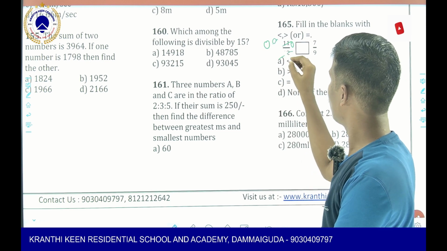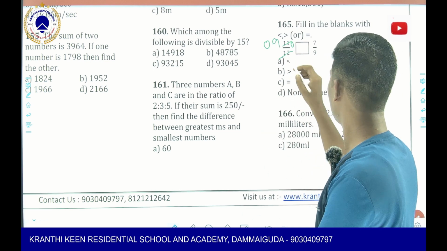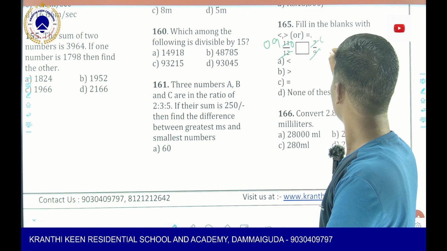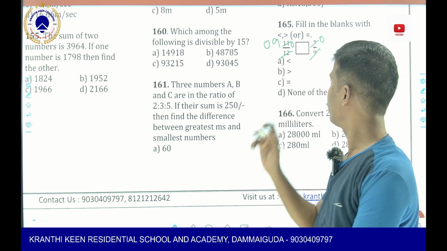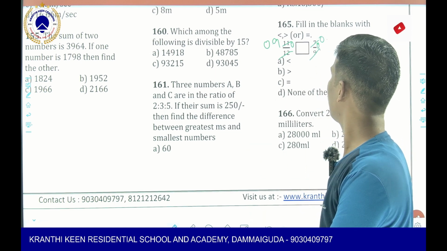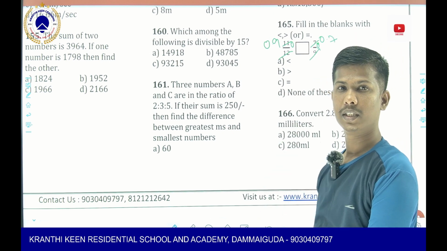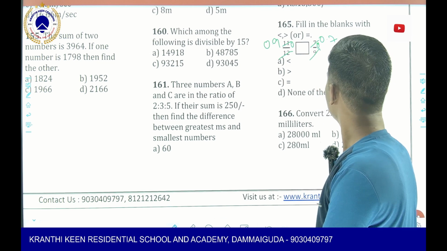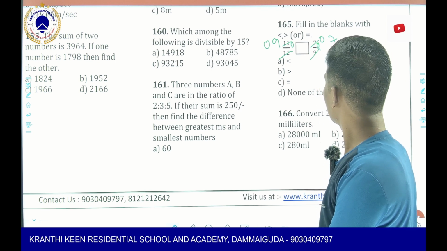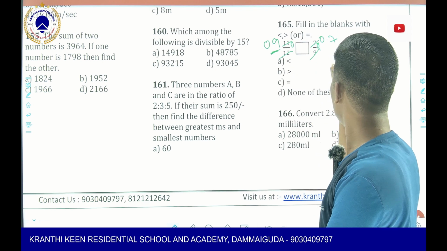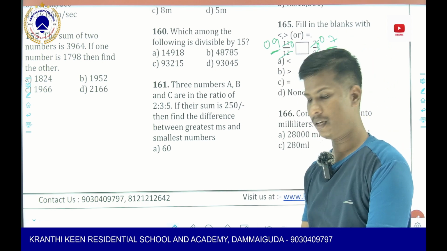12 nines are 108. Keep it aside. 0.9 you will get. Then 0 point means it will become 70. 9 sevens are 63. Now you have 0.9 and 0.7.